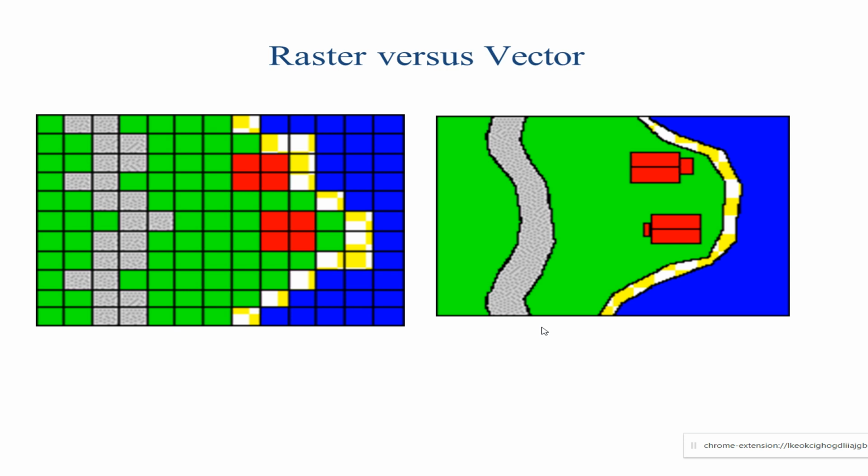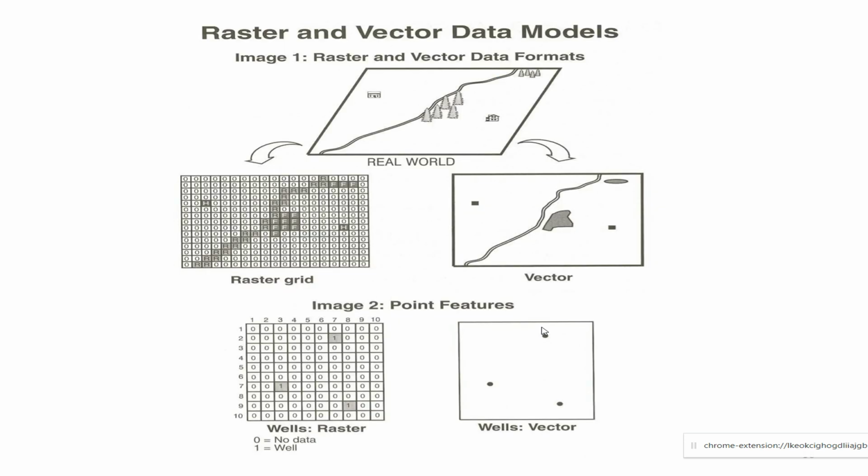In this rectangular grid, it is a polygon feature which will be shown as gray color, and green color is covering your agriculture area or cropland, and that blue color is covering your water body structure. So in raster format, it will appear as cells, and in vector format, it mostly appears as polygon and line features. Or if something is there as points also, you'll be able to see.